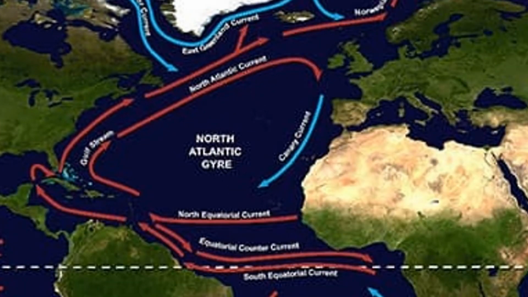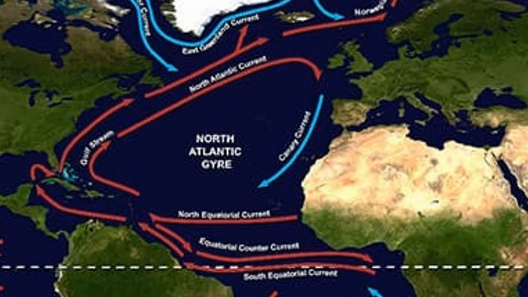And along the western coast of continents, the water tends to move from the poles down towards the equator. So I get these rivers of water moving along the edges of the continents. On the eastern side of the continents, the water is moving from equator to pole. And on the western side of continents, it's moving from pole to equator.